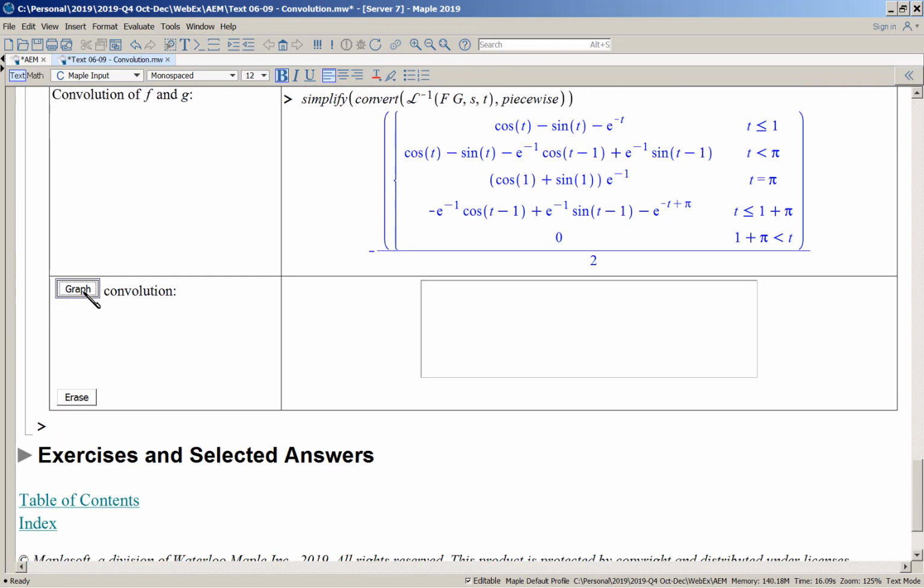And if we draw a graph, we see that our intuition about what this is going to look like, it's increasing, decreasing, and it has symmetry. And so with the right tools, you can get convolutions in a very simple manner, especially if you have a tool like Maple, where Maple will compute the Laplace transforms for you. Well, let's do another example.